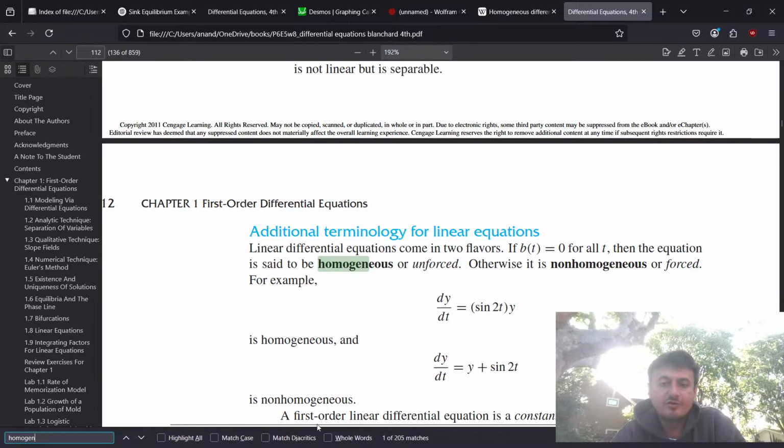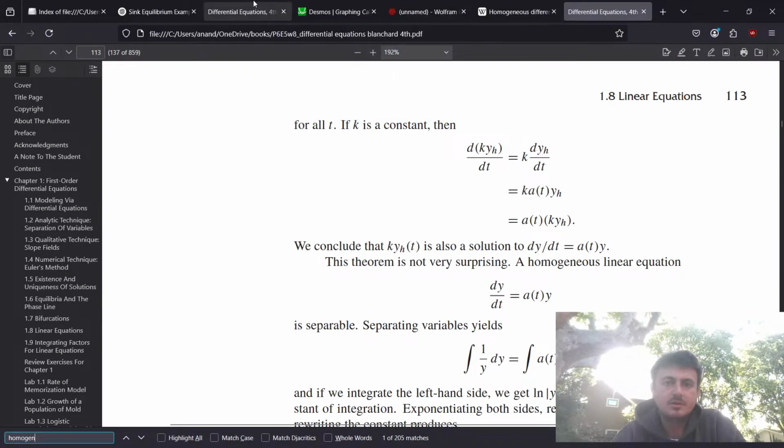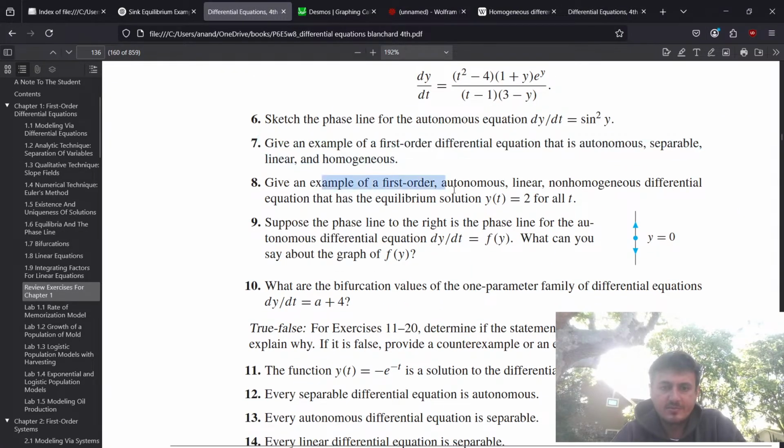Okay, great. So the first usage of the word homogeneous is in section 1.8. So we're good. All right, so we're going to skip 8.